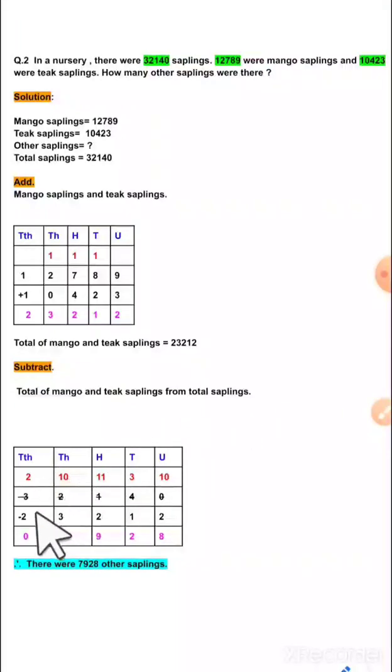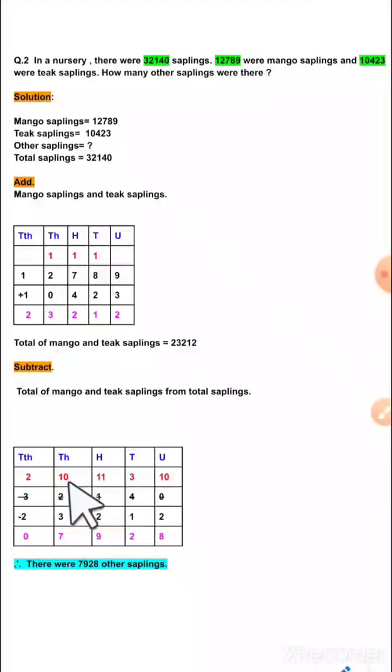Draw this box. Write total saplings 32,140 and the total of mango and teak saplings 23,212. Now subtract. 0 minus 2 not possible, borrow from the next number. 10 minus 2, 8, 3 minus 1, 2, 1 minus 2 not possible, borrow from the next number. 11 minus 2, 9, 1 minus 3 not possible, borrow from next number.